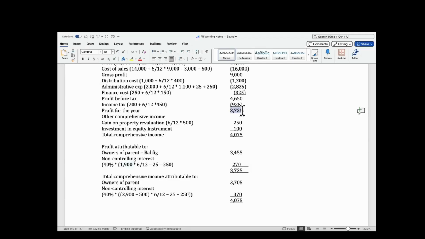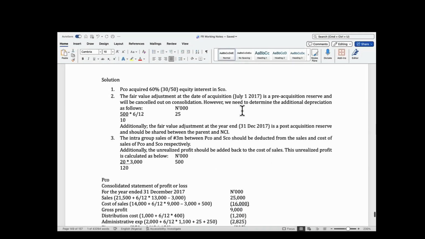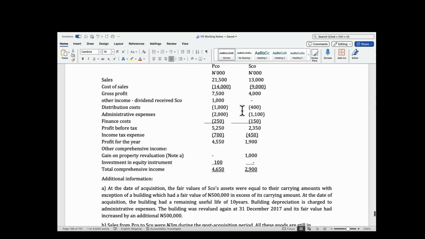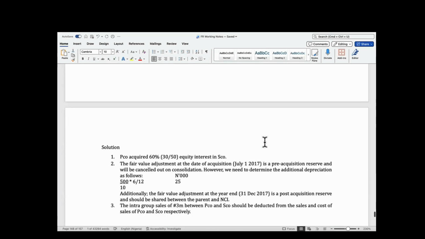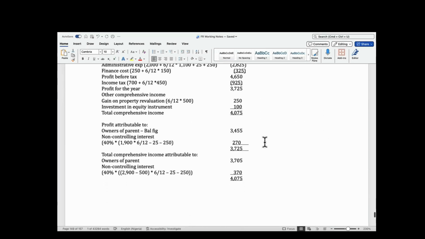You apply it on the profit of the subsidiary, which is 19. Now, this 19, because we acquired the subsidiary during the year, we take only 6/12 of this post-acquisition profit, so that we will be sharing the post-acquisition part.